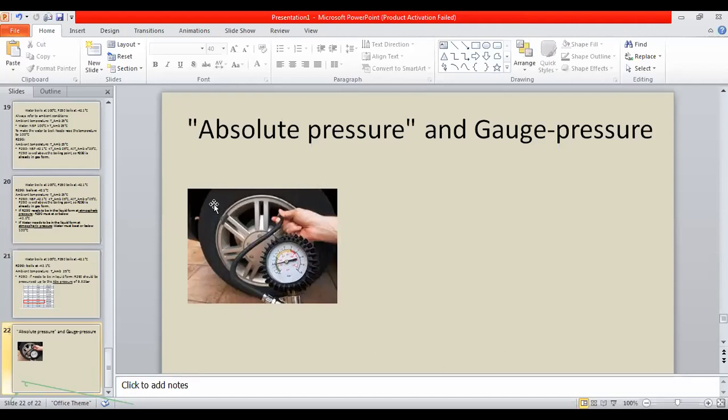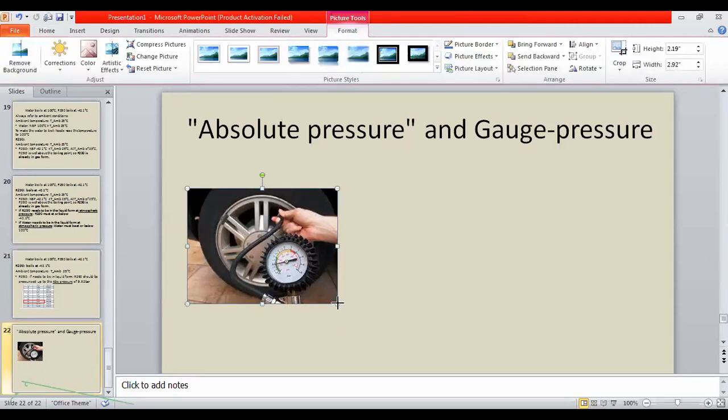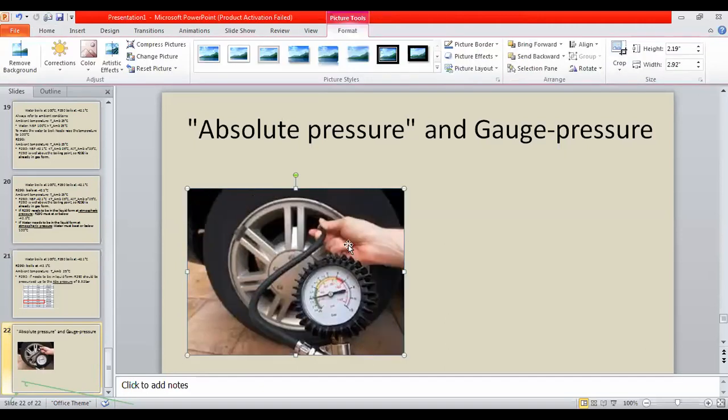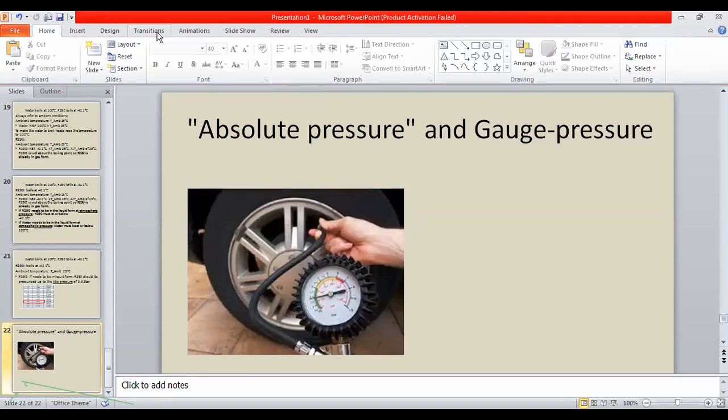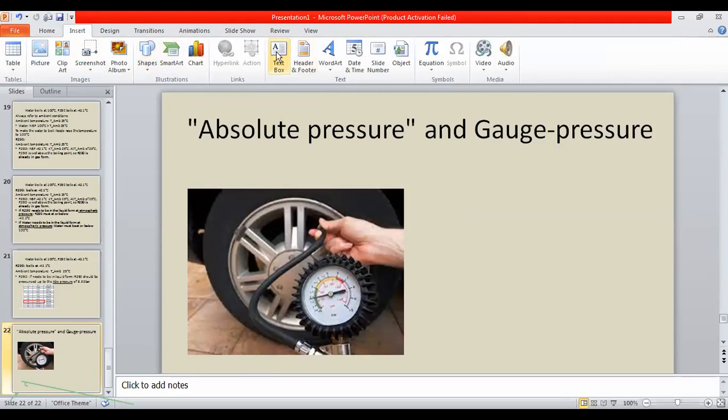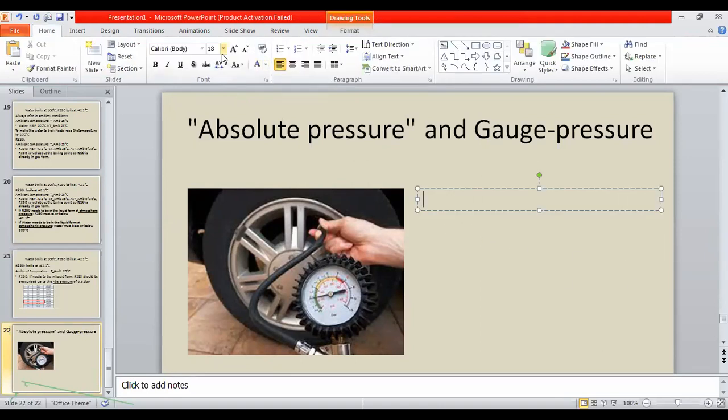You can see a tire here, okay, in this picture. Tire pressure.